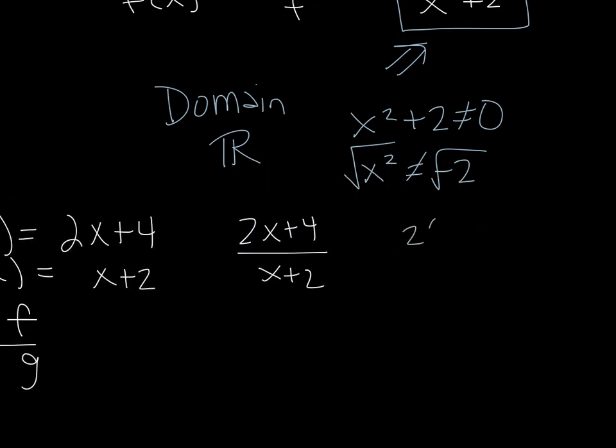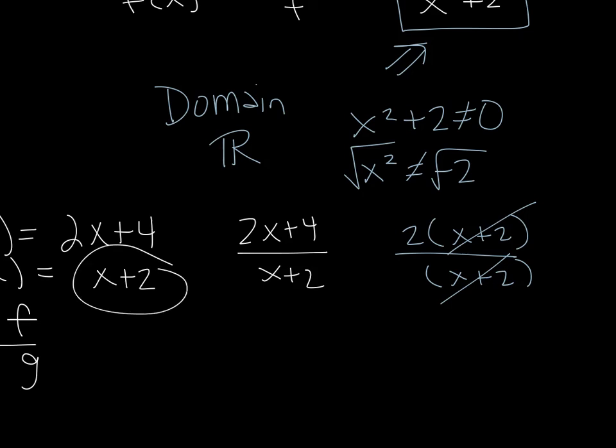The top is going to be 2 times (x plus 2), and the bottom is x plus 2. These cancel out, so the answer is 2. Now when you do the domain, look at your denominator. You write the denominator can't be equal to 0. Therefore the domain is all real numbers except x can't be negative 2.